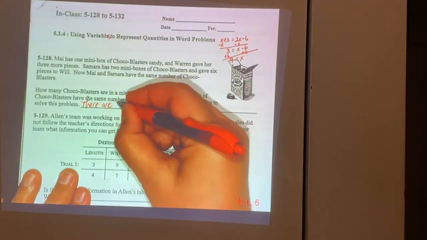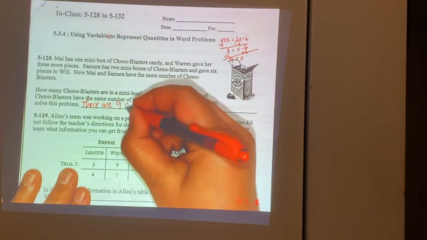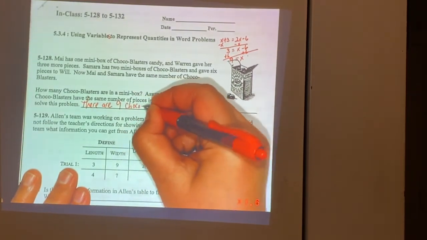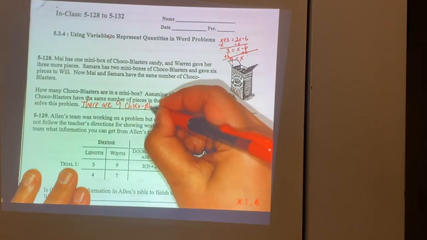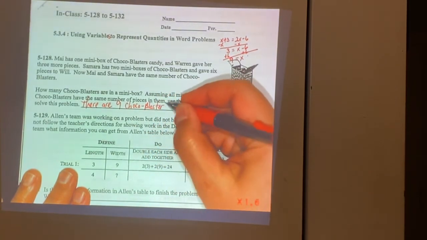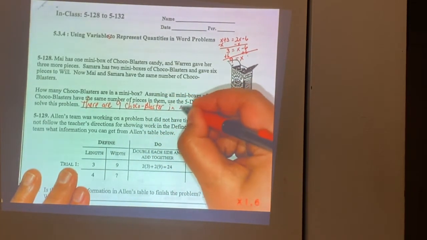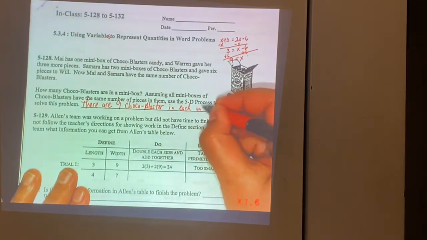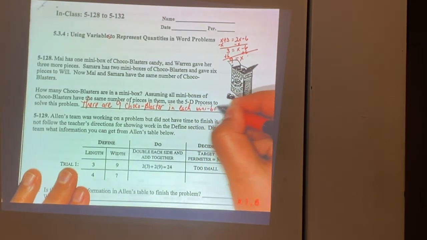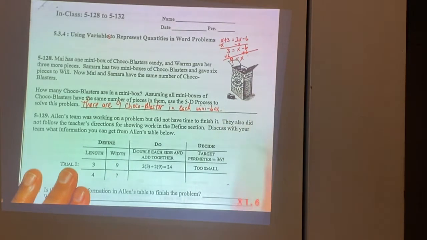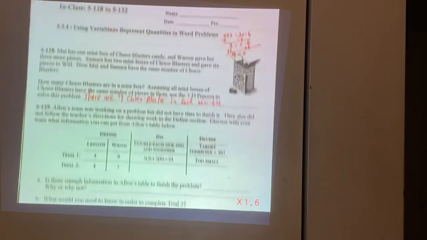There are 9 Cocoa Blasters in each mini box.